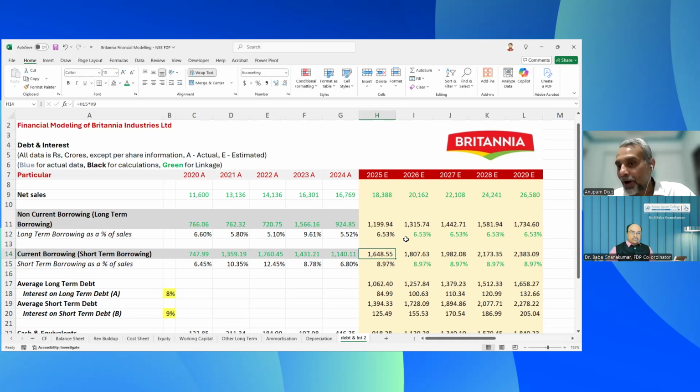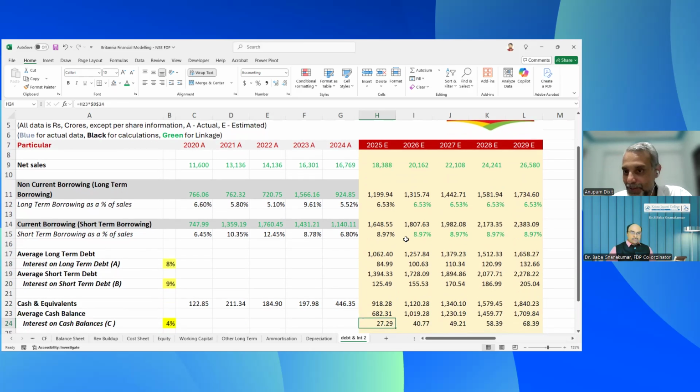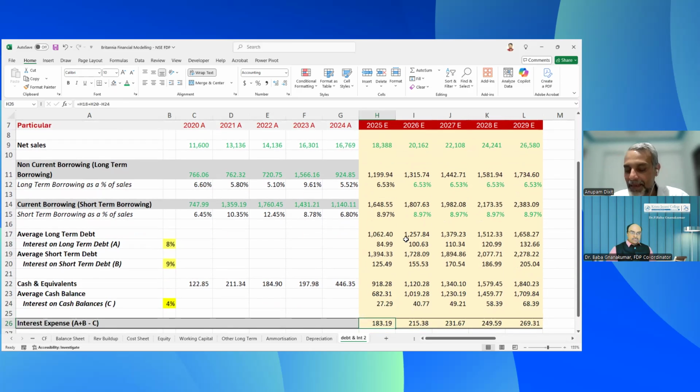Now, based on our long-term and short-term borrowing, we will be paying interest to the bank. So here we have calculated the interest separately on long-term borrowing and short-term borrowing. And if we are keeping cash with the bank, we will earn some interest, so we have calculated that interest also here, right? The interest on borrowings we have added, and the interest on cash balance we have deducted.